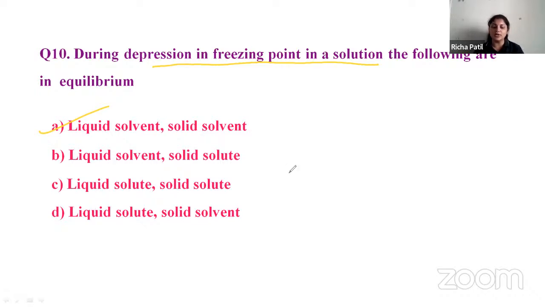So whenever there is a depression in the freezing point, the liquid solvent and solid solvent will be in equilibrium.